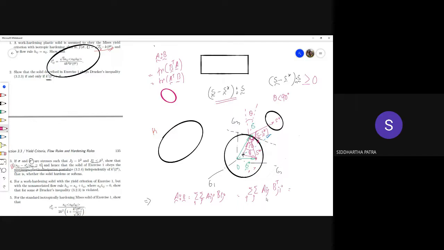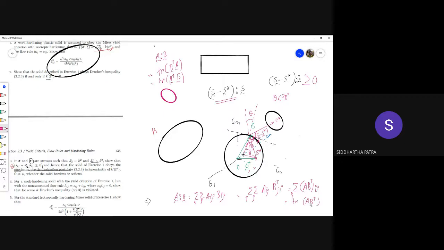Now, if I do a summation over j, that is summation over i of A times B transpose_ii, which is the trace of A B transpose.